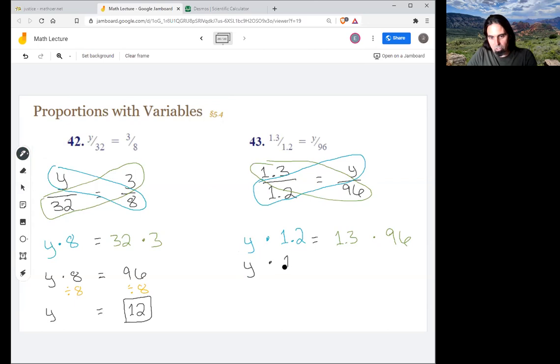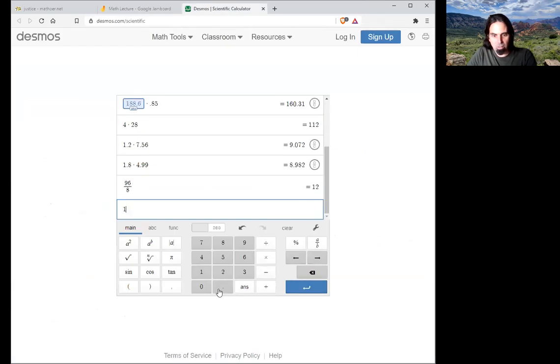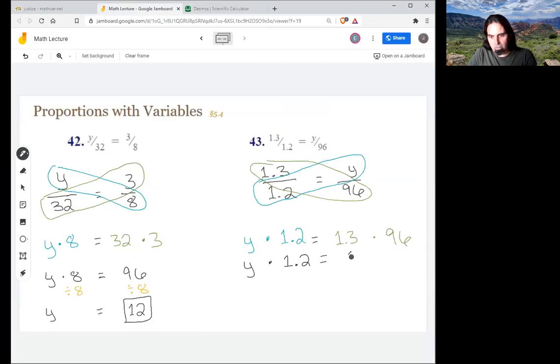And that way, these always turn into the very friendly 1.3 times 96 is 124.8. Because these are the type of one-step equations that make my brain the happiest. A letter times something equals something else, right? So I can force it to look like that. Pick the diagonal with the y first, or whatever the letter is, and put the letter first.